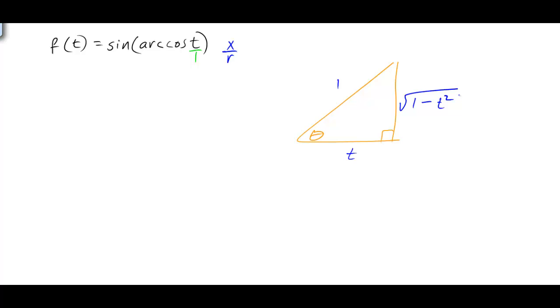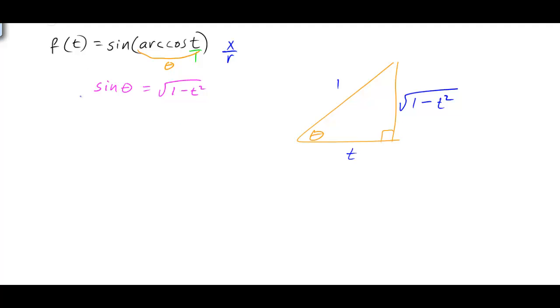So now, if we think of this whole arc cosine of t as being our angle theta, and we want to find the sine of theta, well, the sine of theta is going to be equal to our y, which is the square root of 1 minus t squared, divided by r, which is simply 1. So sine of theta is the square root of 1 minus t squared.